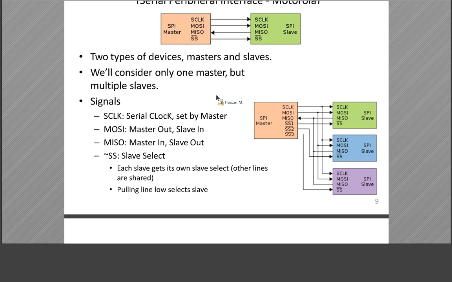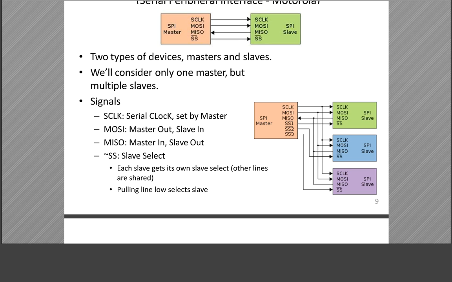Okay, 2 types of devices, master and slave. We will consider only one master. In Arduino, we have only one slave supported, okay. But you can use, for example, if needed, PA.0, PA.1, PA.2, etc. for some slave selects, okay.